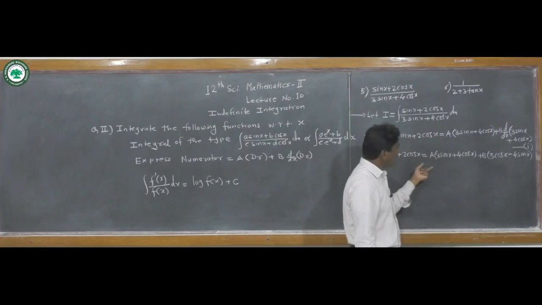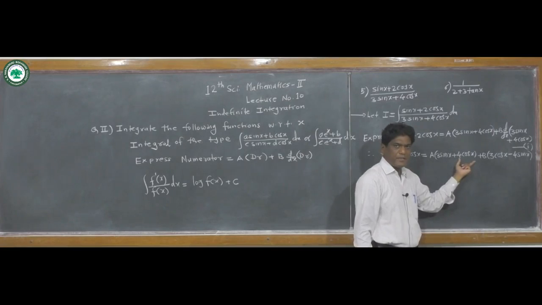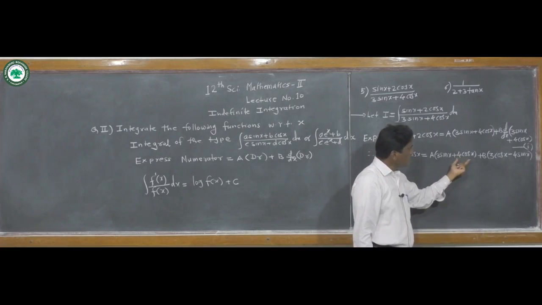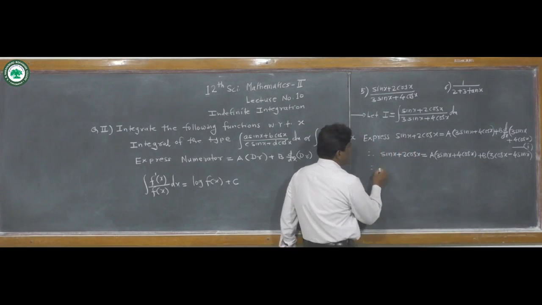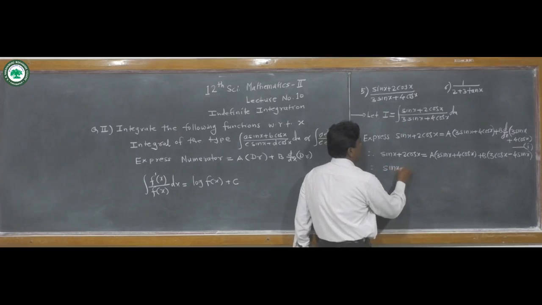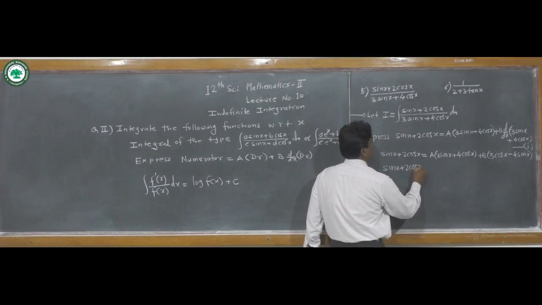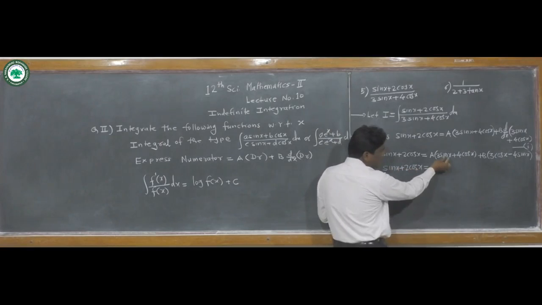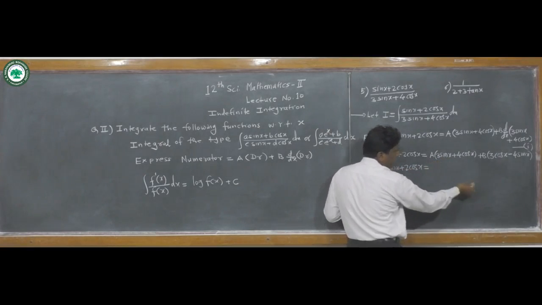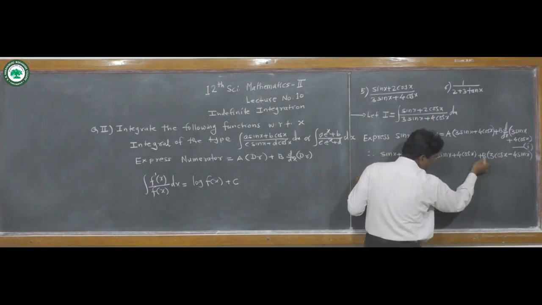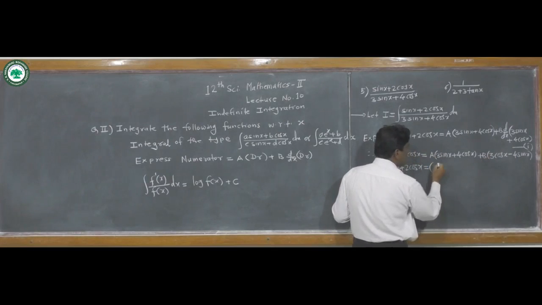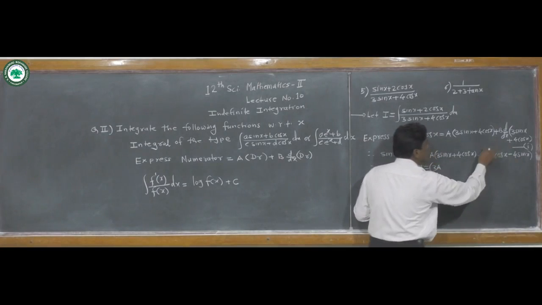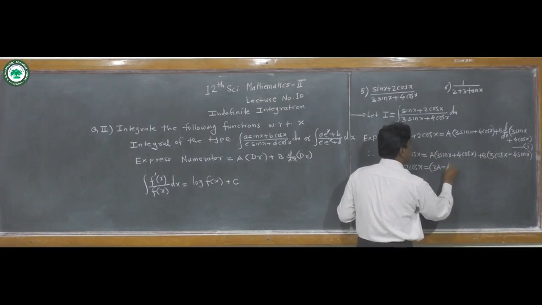So in this way we take the derivative of this bracket. Now we collect the terms of sin x in one bracket and the coefficients of cos x in another bracket. Therefore we get sin x plus 2 cos x is equal to: the coefficient of sin x here is 3a, and minus 4 into b, minus 4b.